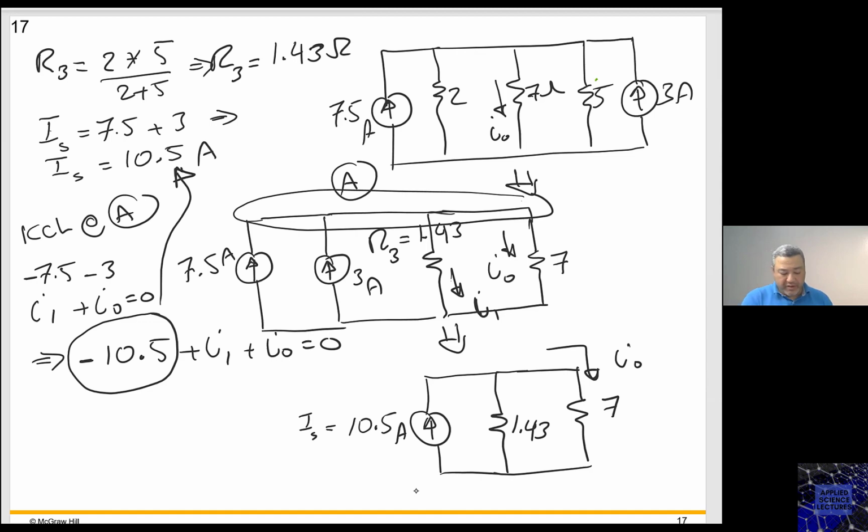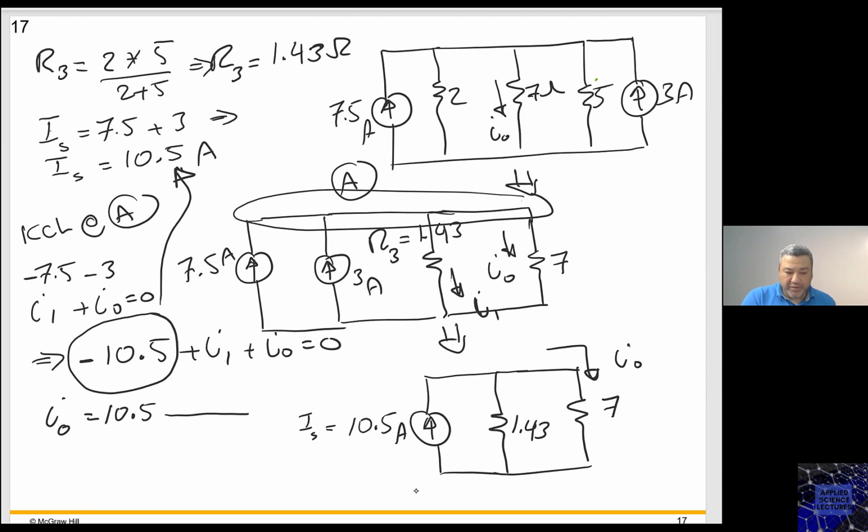Now, what is I naught? Using the current division, I naught would be 10.5. Can somebody tell me what is the ratio here for the I naught using the current division? What is the I naught using current division?